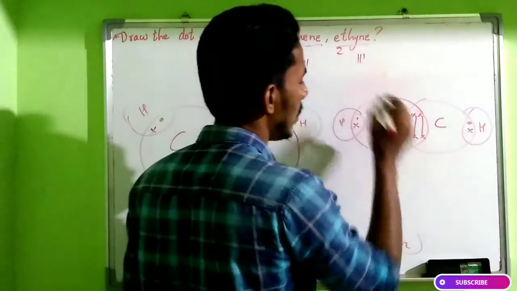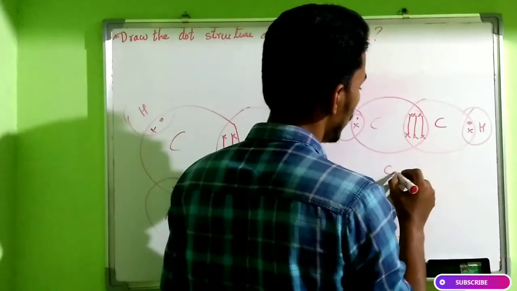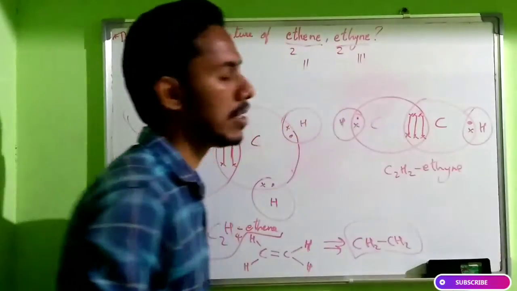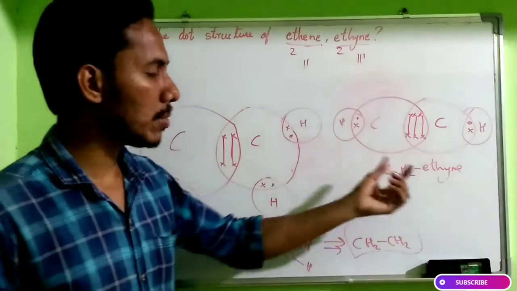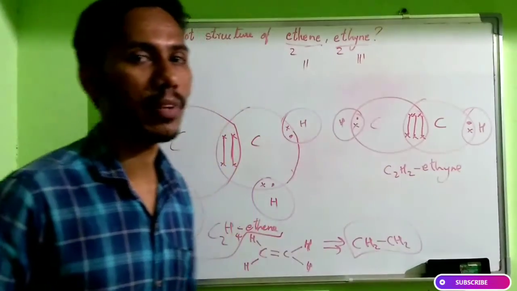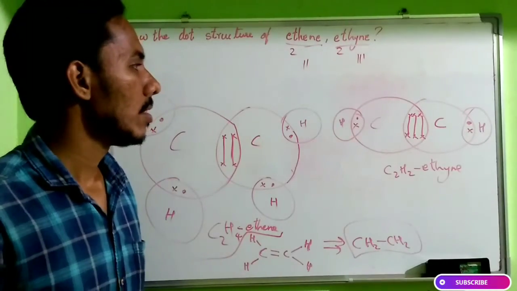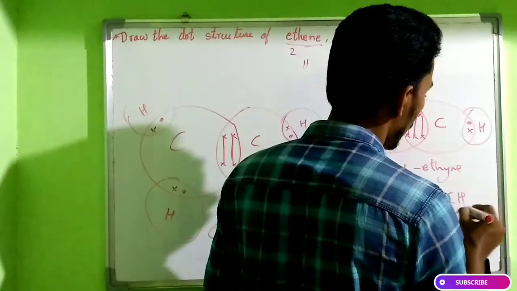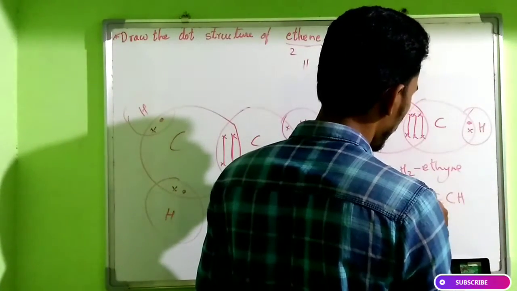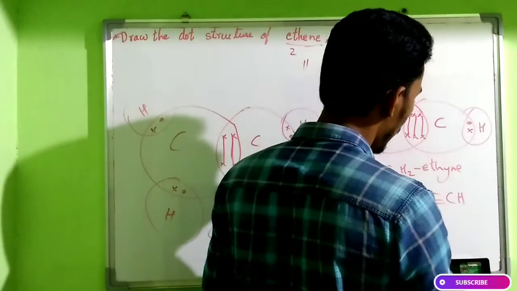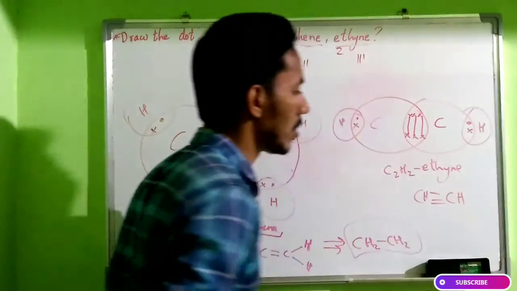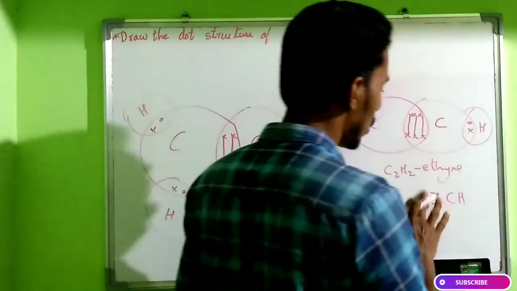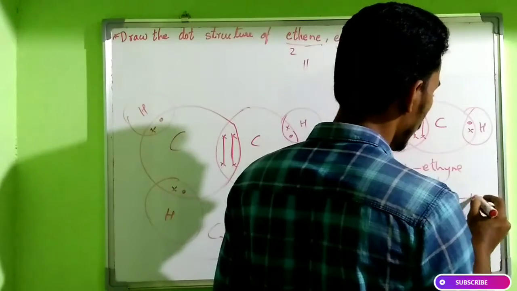It is ethyne. What is the chemical formula? C2H2. Okay, YNE, ethyne. It is C triple bond C, with an H on each. CH triple bond CH. This can also be drawn like this.